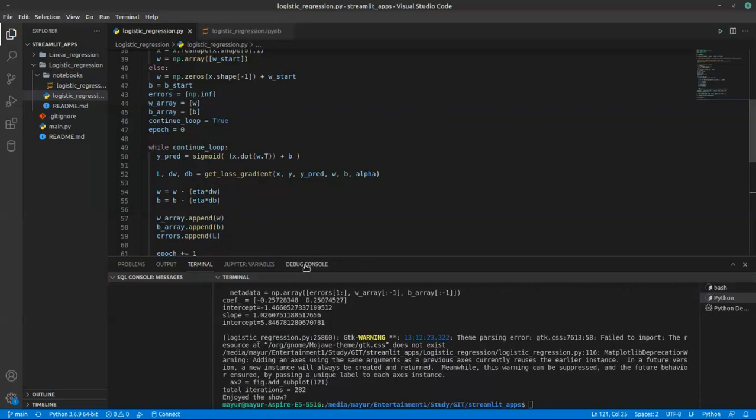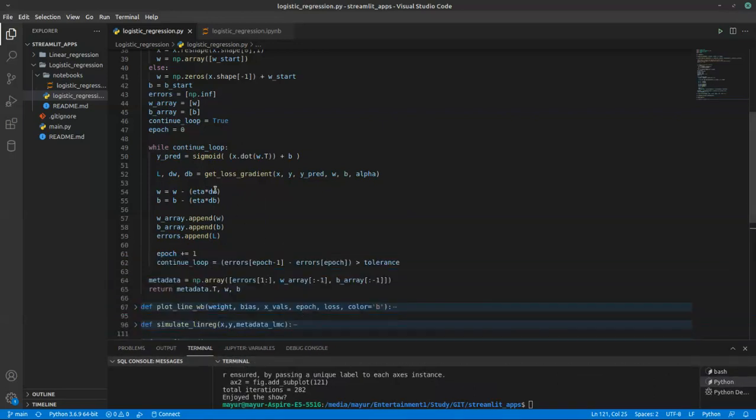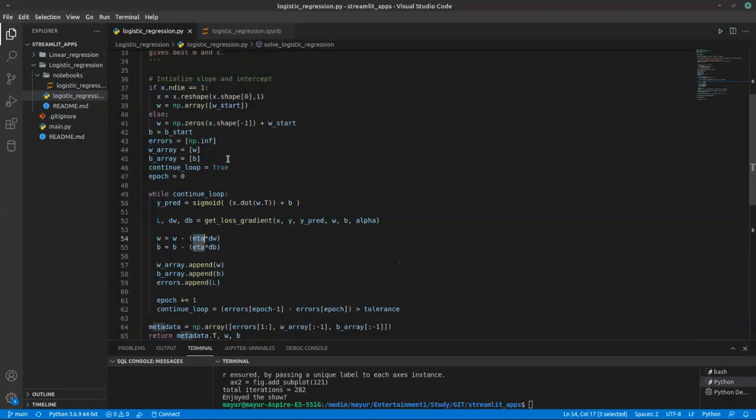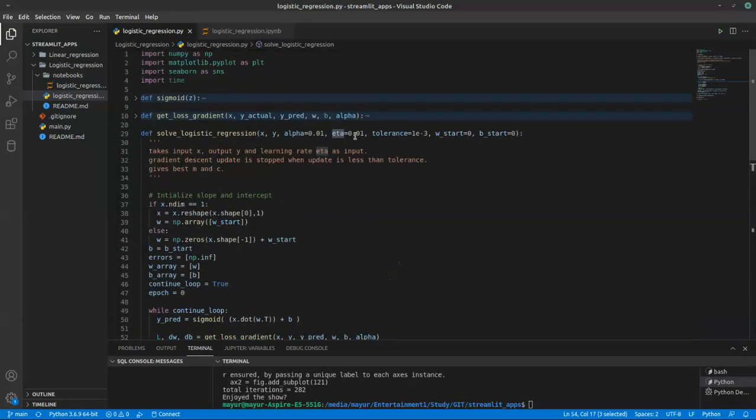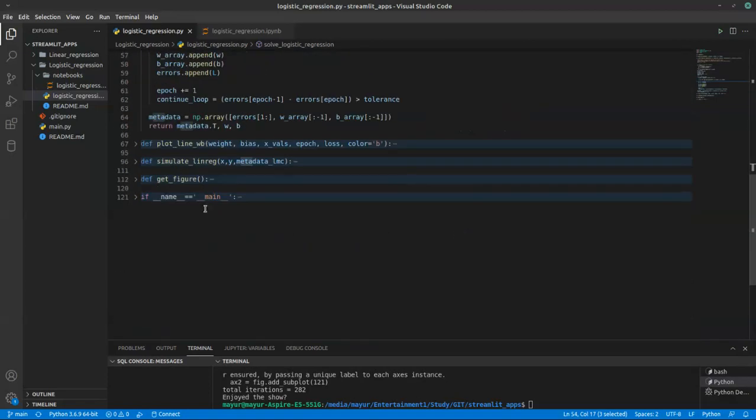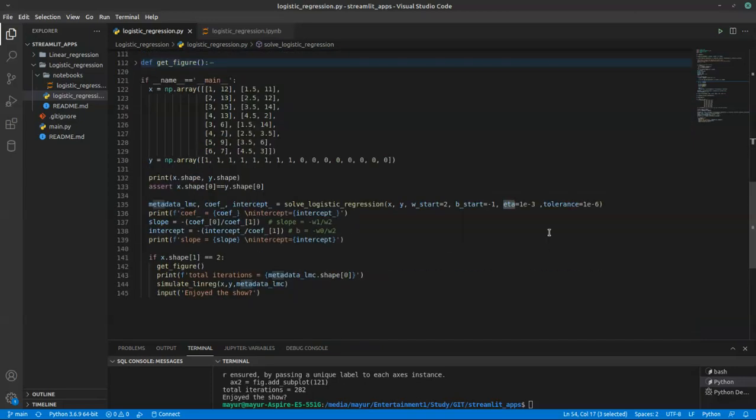This is a simple gradient descent formula. Eta is nothing but our learning rate. At the start you can give any random value. You can give either 0, or let me show you in the main function, you can give even -1 to 200, even 2 million, but it will try to converge, so it will minimize the loss.